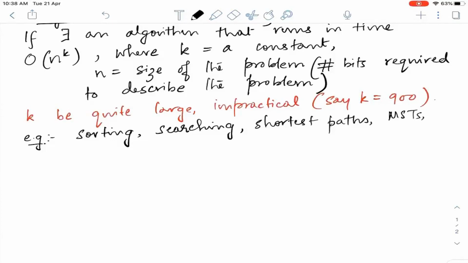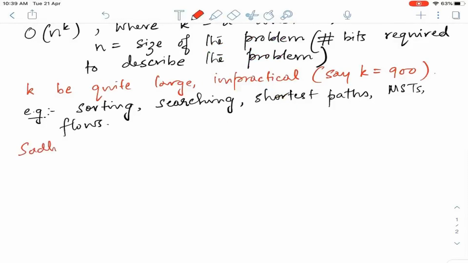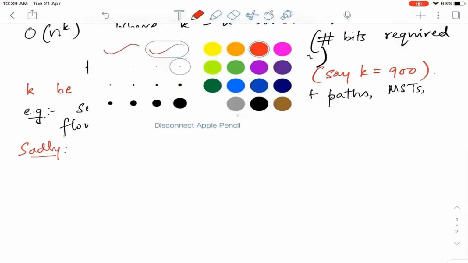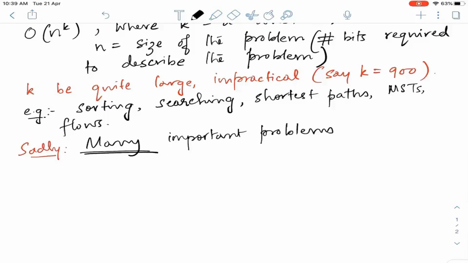All these are polynomial time solvable problems. But sadly, this is not the case most of the time. There are many important problems, and when I say many, it's really many, that are or seem very hard to solve efficiently.